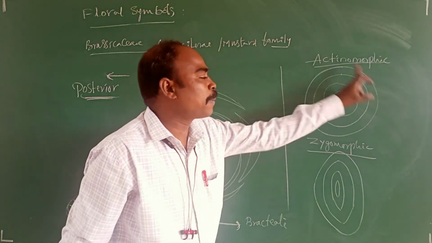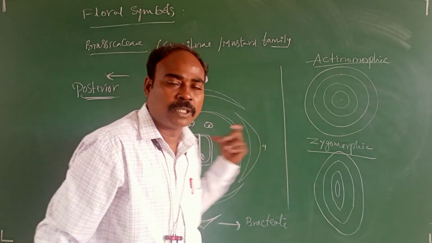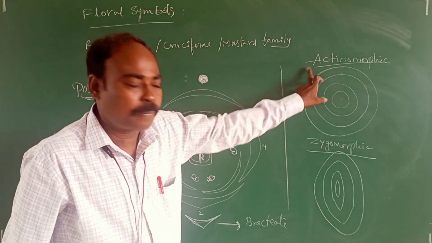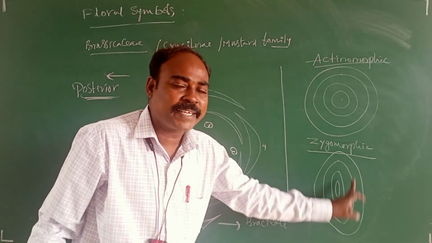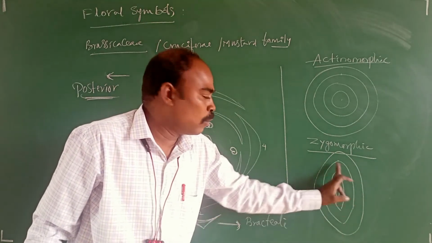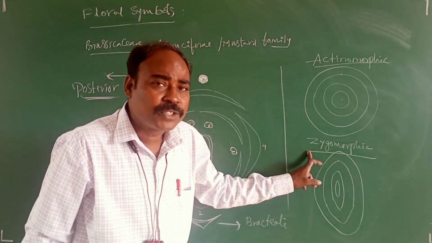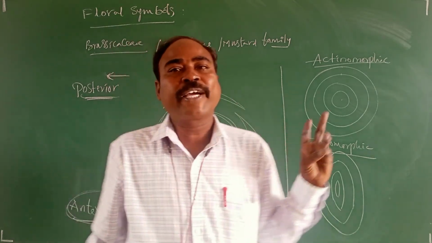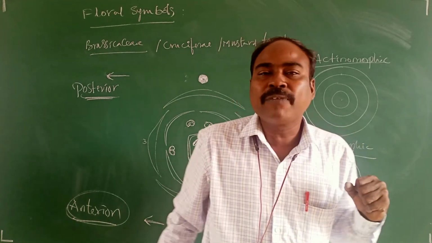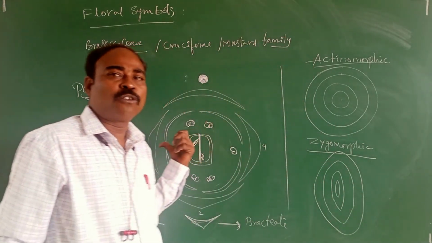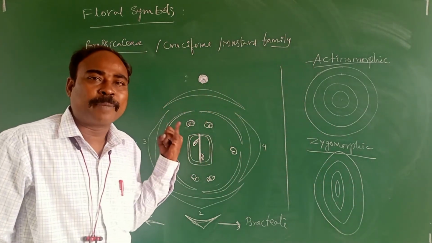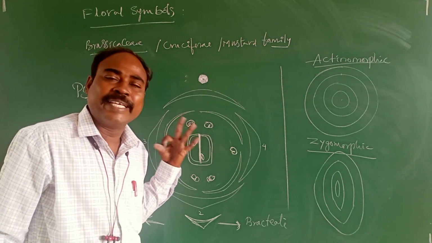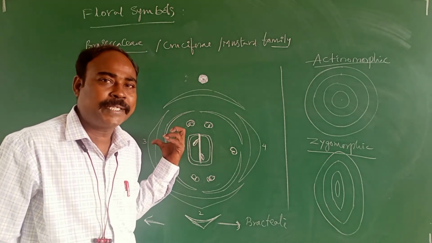Suppose a diagram represents all four whorls as circles, that is an actinomorphic flower. Suppose the diagram is an oval shape, which indicates a zygomorphic flower, right? So we see the zygomorphic condition in the Fabaceae family, and the actinomorphic condition in Brassicaceae, in Solanaceae, as well as in the Liliaceae family, circle diagrams, right?